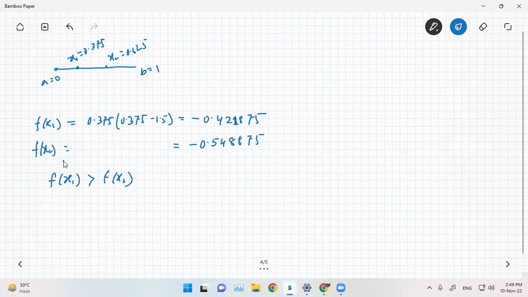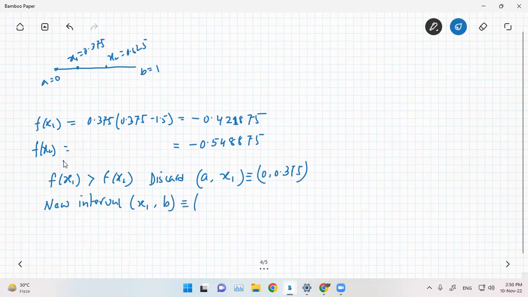So we discard A to x1, which is equivalent to basically 0.375. So new interval will be x1 to B, that is 0.375 to 1.